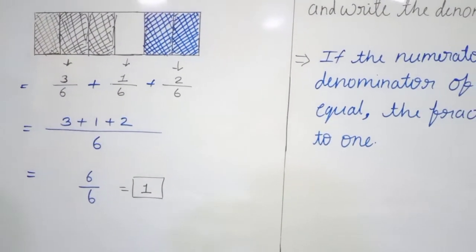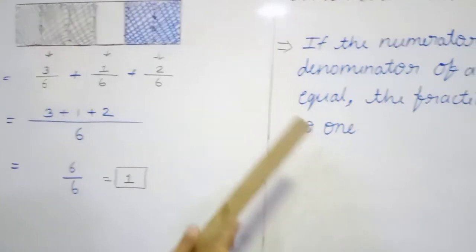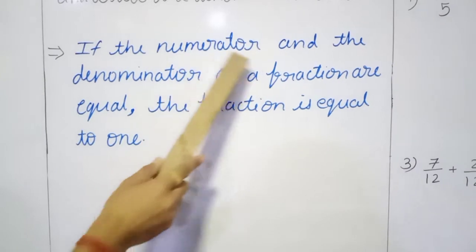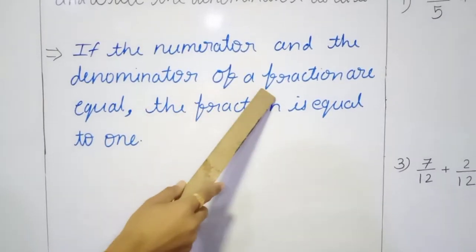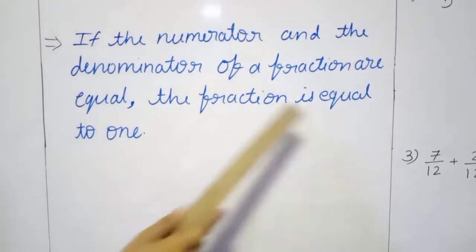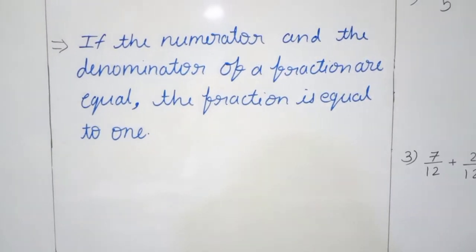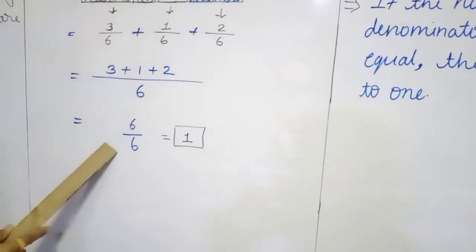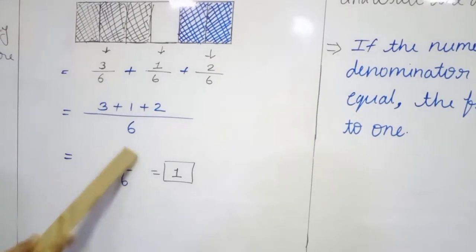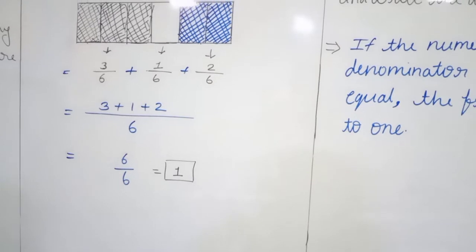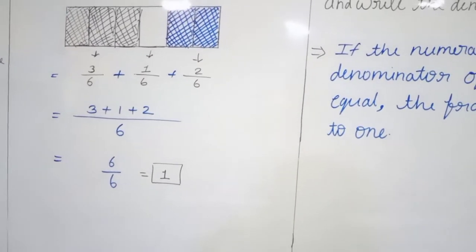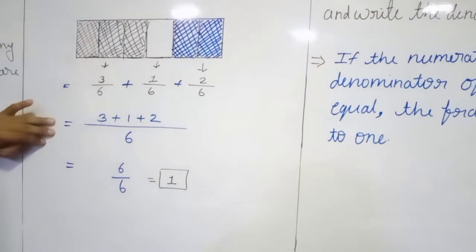The second most important point is that if the numerator and the denominator of a fraction are equal, the fraction is equal to 1. This way, whenever we have like fractions, we do the addition of like fractions.